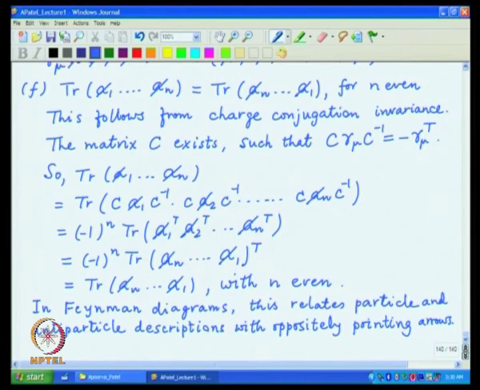These are some of the basic ingredients for evaluating products of gamma matrices in terms of numbers, and the calculations make full use of these tricks which I have illustrated.